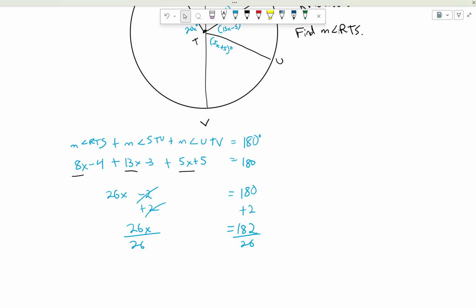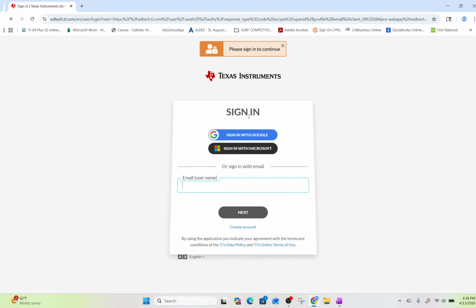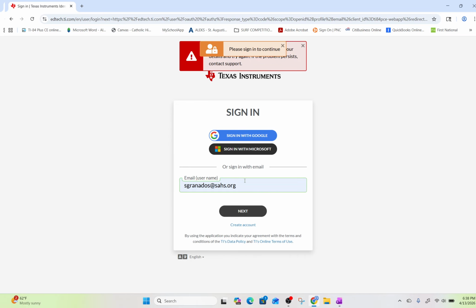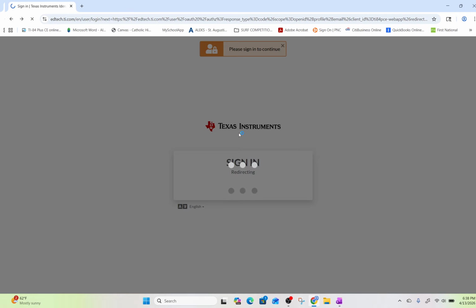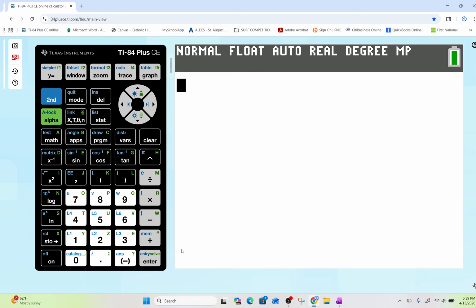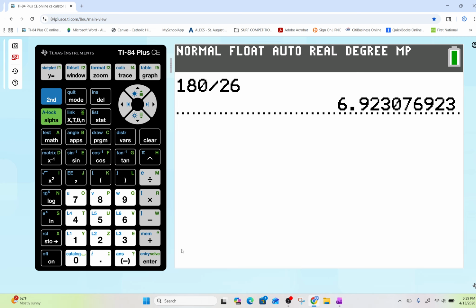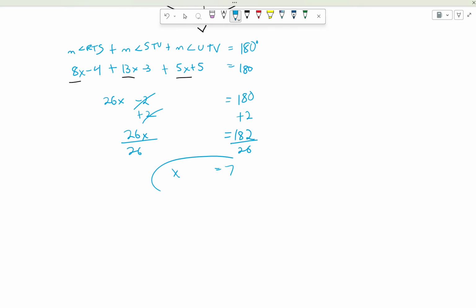I'm going to take the time again to fire up my Texas Instruments calculator. I had 182 divided by 26, which is 7.